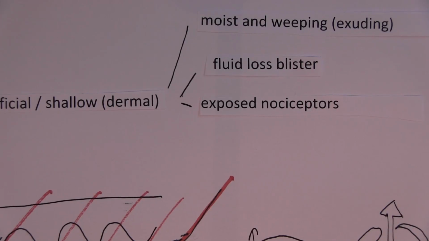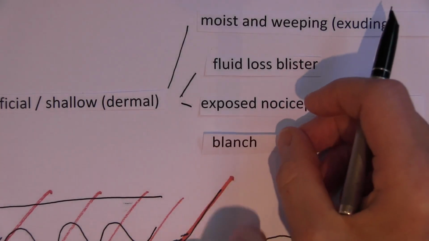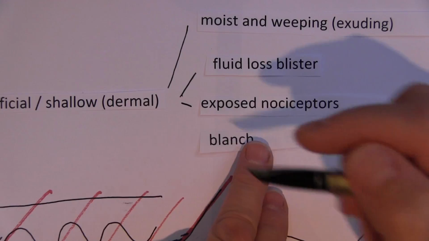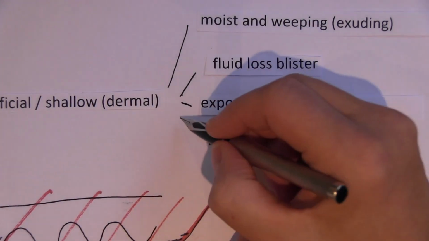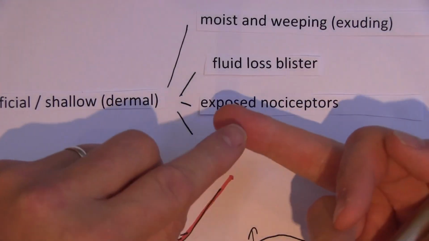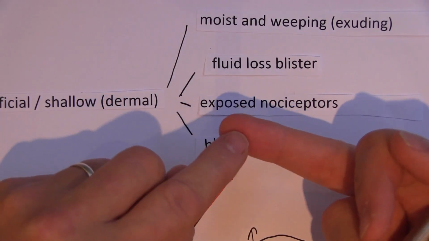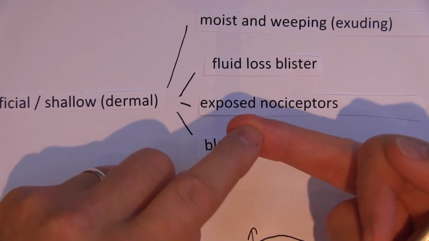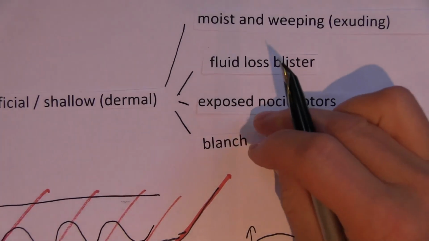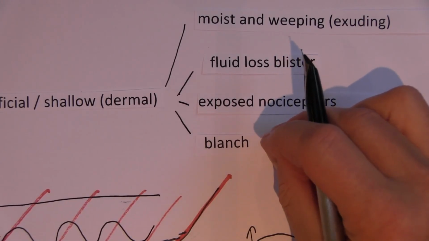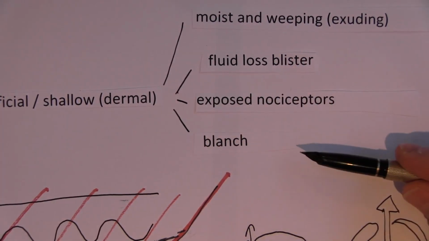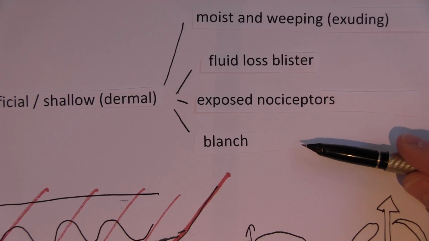Well, one of the main ways is the amount of blanching, the amount that they'll blanch. So remember, the blanching goes white, capillary refill to fill it up again. Now, do you think you'll still get blanching in shallow dermal injuries?